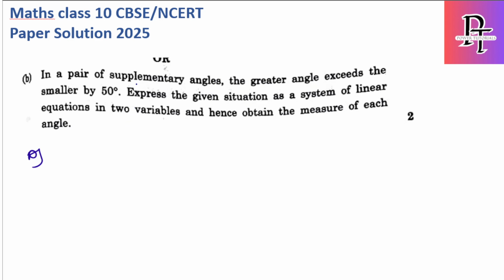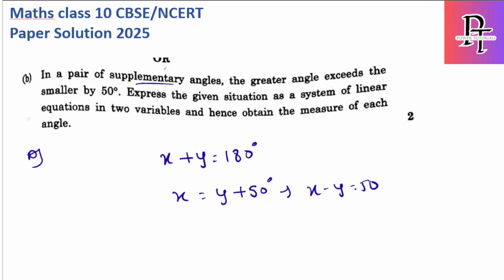Pair of supplementary angles. What are supplementary angles? Supplementary angles are the ones where the sum of those two is equal to 180 degrees. And what is the second condition? The greater angle exceeds the smaller by 50. If I assume x is the greater angle, then it exceeds the smaller angle by 50 degrees, so I can write x minus y is equal to 50 degrees.